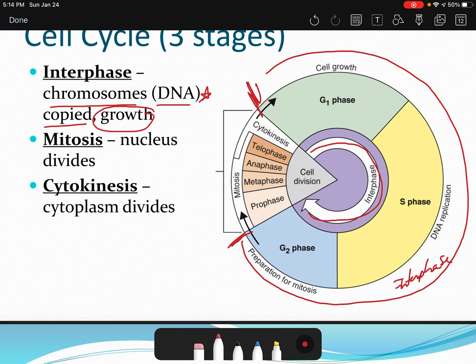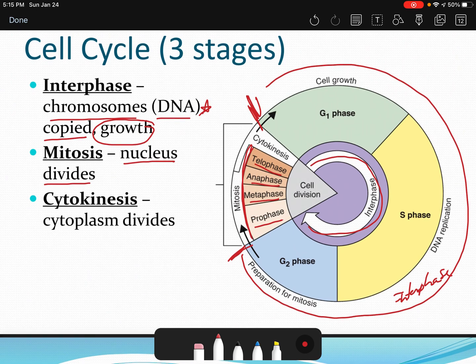The actual process of mitosis is when the nucleus divides. So all the contents of the nucleus divides during mitosis. That's just this right here, which includes prophase, metaphase, anaphase, and telophase. Okay? The final stage of the cell cycle is what we call cytokinesis, and this is when the cytoplasm divides.